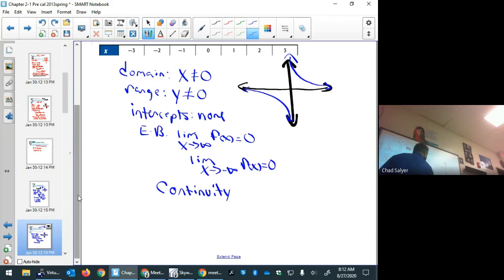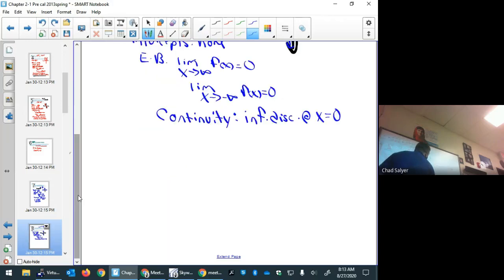We have an infinite type discontinuity once again at x equals 0. And then intervals of behavior, once again there are 2, and they are from negative infinity to 0 and 0 to infinity. And in this case, we are decreasing on both of them.